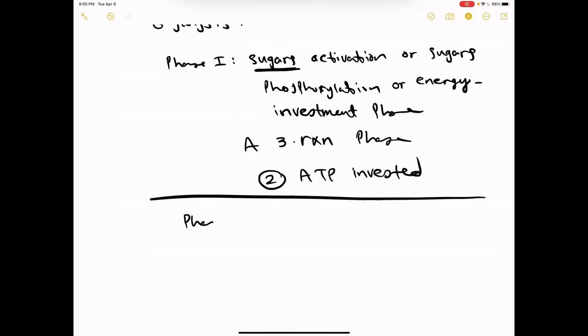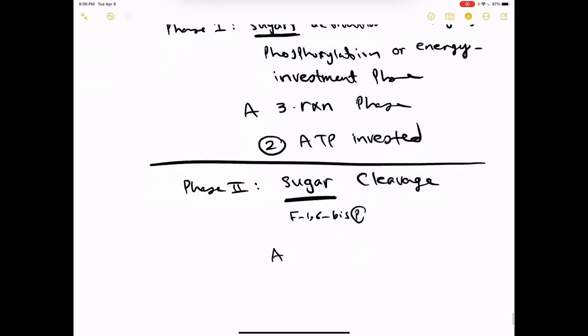Phase 2, I called it the sugar, not sugars, sugar cleavage. And you should know which sugar. The sugar that is being cleaved was fructose 1,6-bisphosphate. And I said this is a 2 reaction phase.